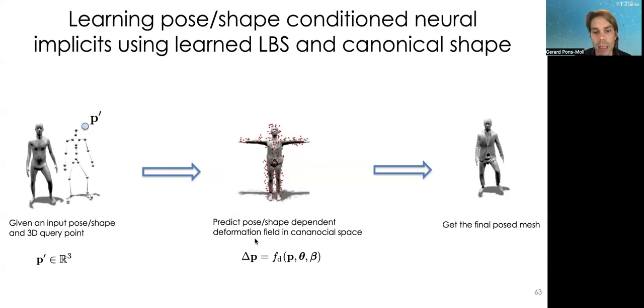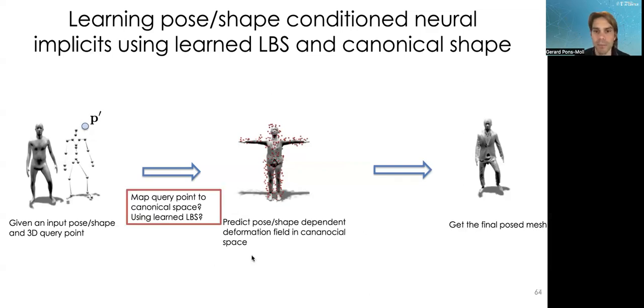And then we're going to predict these displacement fields, which is the same as the pose-blend shapes, but now they are going to be a continuous function of every point in space and the pose and the shape. And these displacements, you will see that they are inverse. So if you want to make the surface grow, these displacements will go in the opposite direction. And you will understand in a second why that's the case.